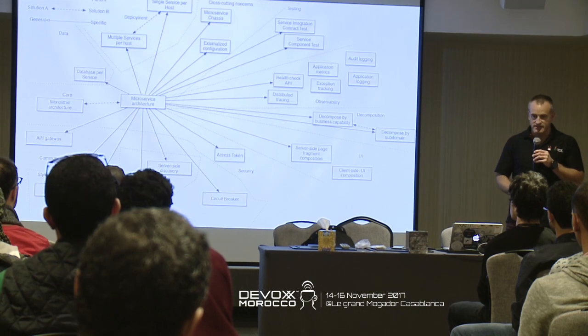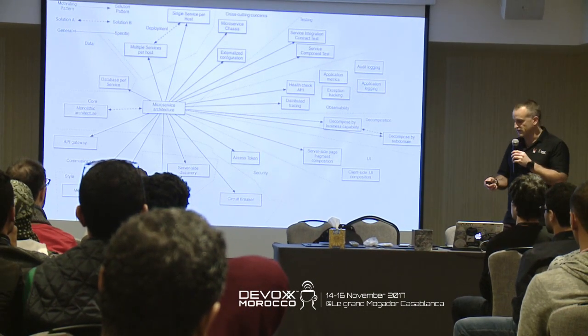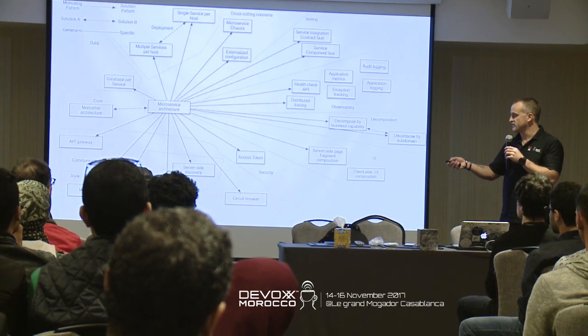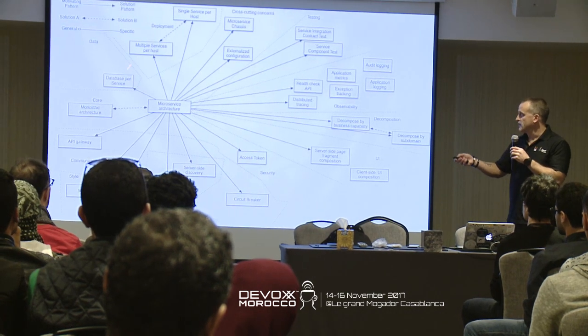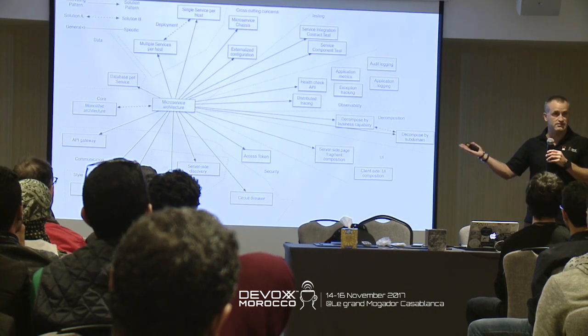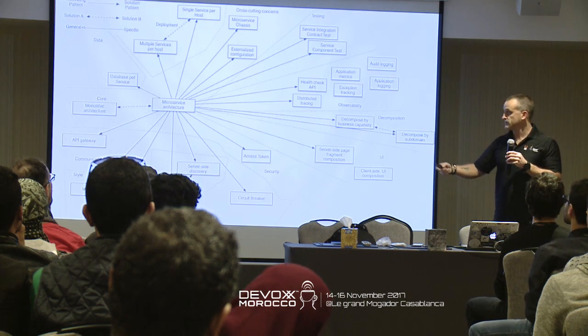So this is the overview of the microservice architecture, and the main pattern we're talking about now is the microservice architecture pattern. You have lots of patterns that are connected to this. For example, database per service: you use one database per service, you don't share the data source.